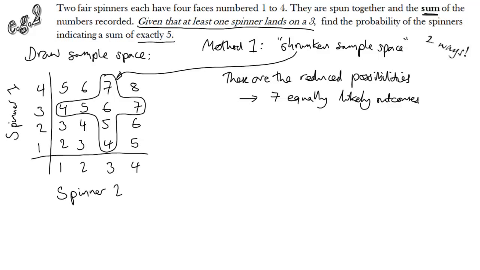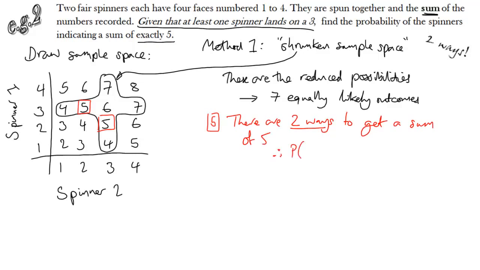So we need to know how many ways to get exactly 5 out of these 7. And I've circled them. It's easy to spot. There are 2 ways to get exactly 5. So out of my 7 equally likely outcomes, there are 2 ways to get exactly 5. The probability sort of jumps out at you there. So the probability of getting a sum of 5, given that there's at least 1 3, is simply equal to the 2 divided by the 7.